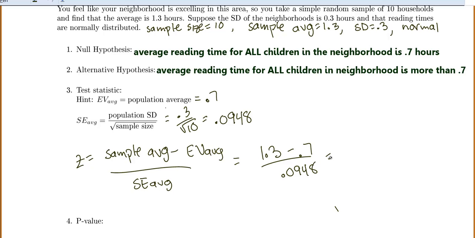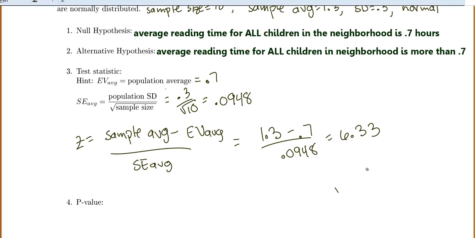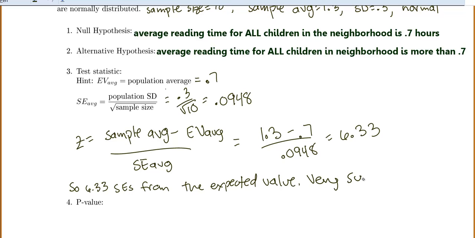Let's put this in our calculator, 1.3 minus 0.7, and divide all of that by 0.0948. So this gives me 6.33. That's a really big Z value. So we're 6.33 standard errors from the expected value. That would be very surprising.